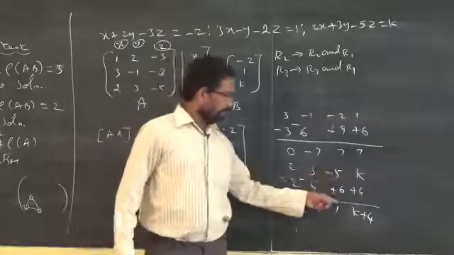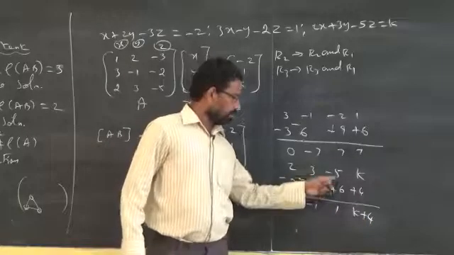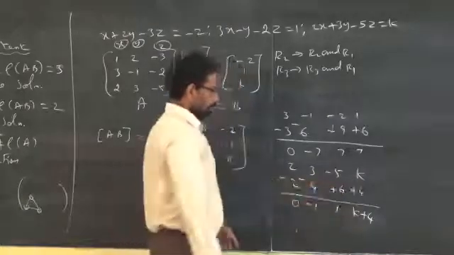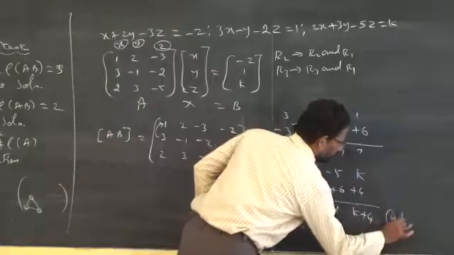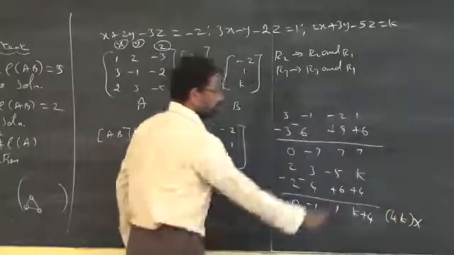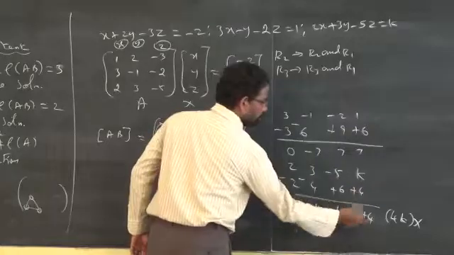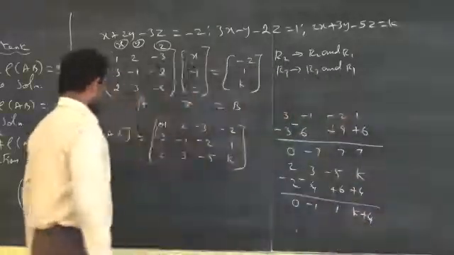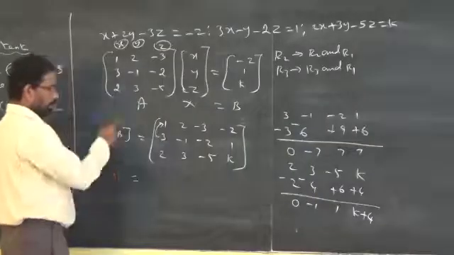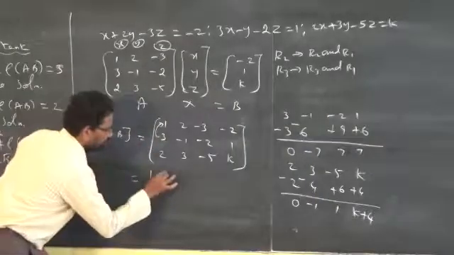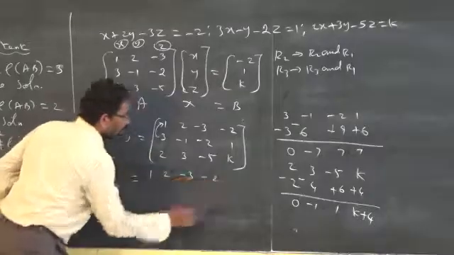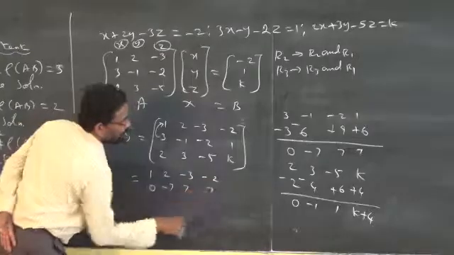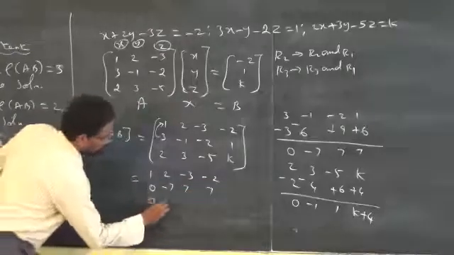Here both are like terms, that is numbers, so minus 5 plus 6 is 1. Now you rewrite the augmented matrix, keeping the first row as it is. I told you already in the previous session, keep it in your mind and proceed.